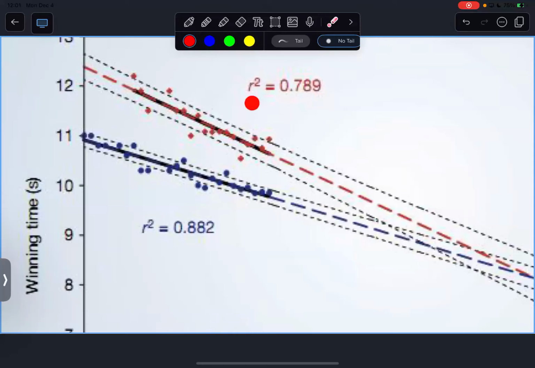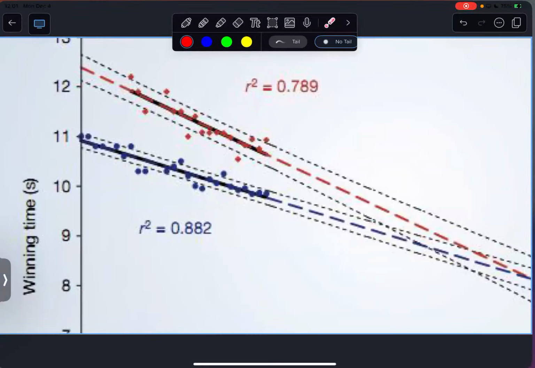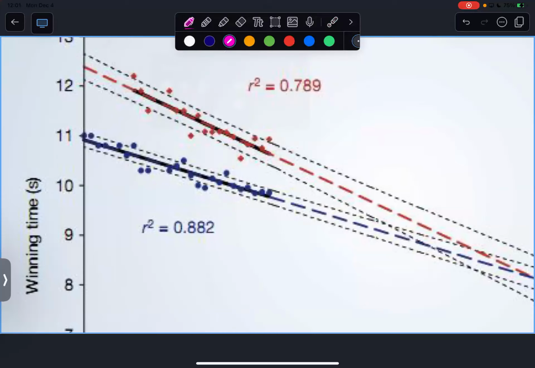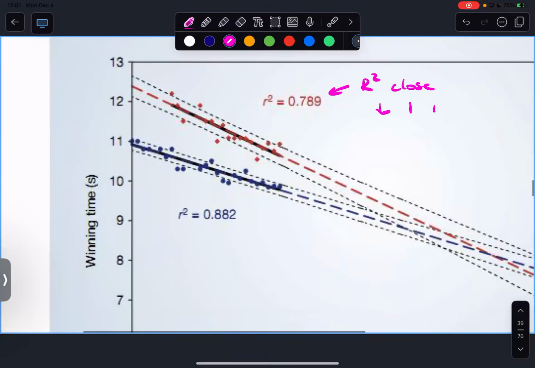So we've got an R squared, which we've seen in the lab, but the R squared is the percentage of variability in Y that's explained by the least squares regression line on X. It's basically saying how well your line fits the data. So an R squared close to 1 is a perfect model.